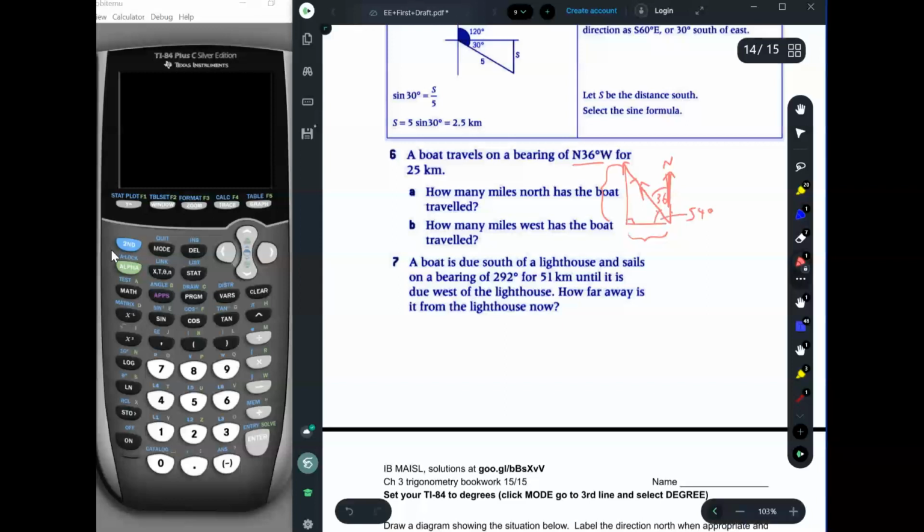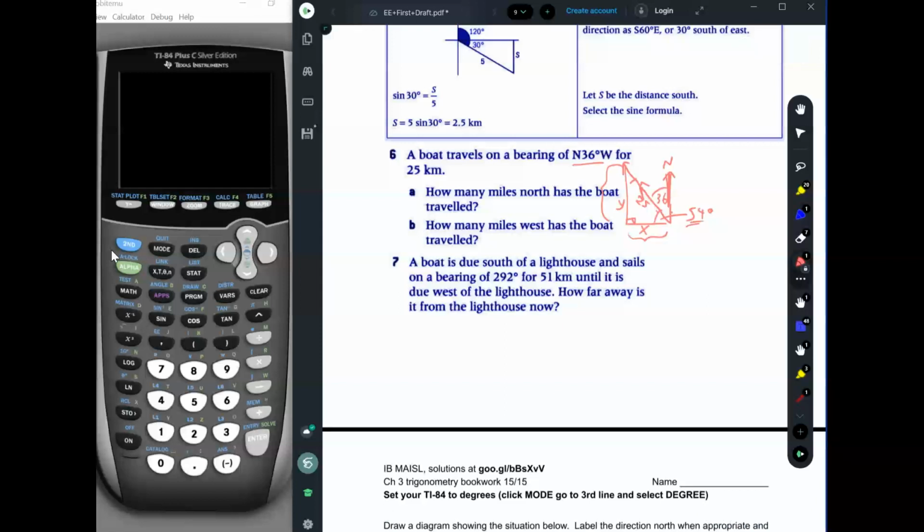And then this is a right triangle, and we know that this hypotenuse is 25 because that's how far the boat traveled. So what they want to know is this component and this component. And the way we can find that out is using sine, cosine, tangent, right? So let's try to find x first. So x appears to be the adjacent of 54 degrees, and then we know the hypotenuse.